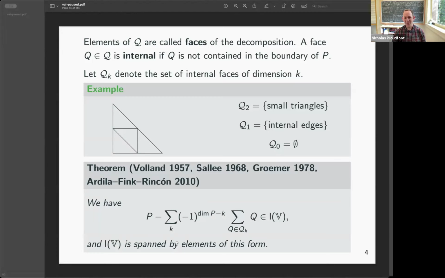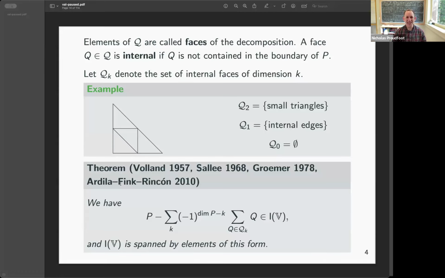And furthermore, I(V) is spanned by elements of this form. So if you combine the work of these first 3 guys, it's not that hard to show that for any decomposition of a polytope, you get a class in I(V). And that class, the way they wrote it down, is messy with a lot of cancellation. But they proved the hard statement that these classes actually generate I(V).